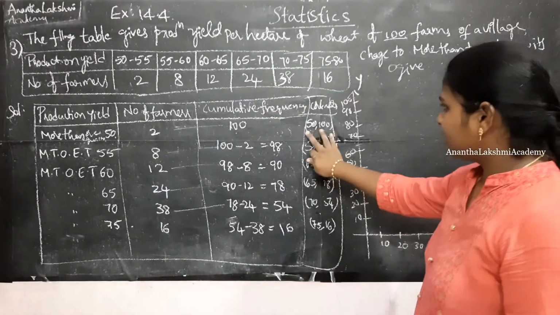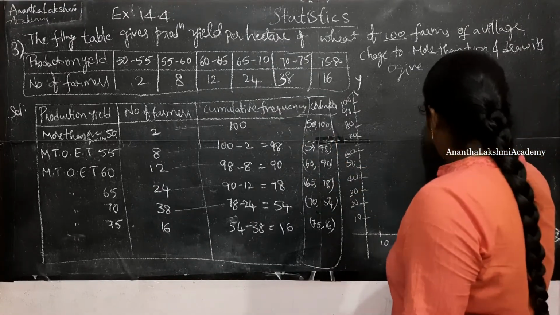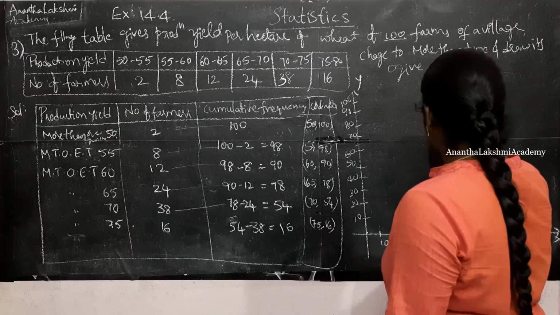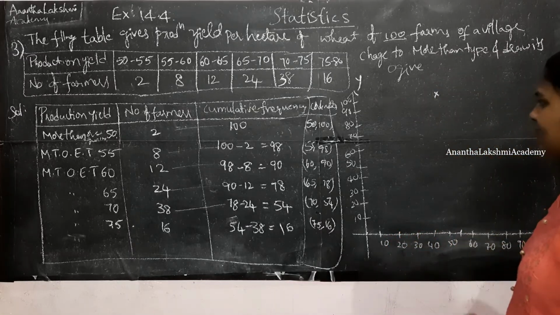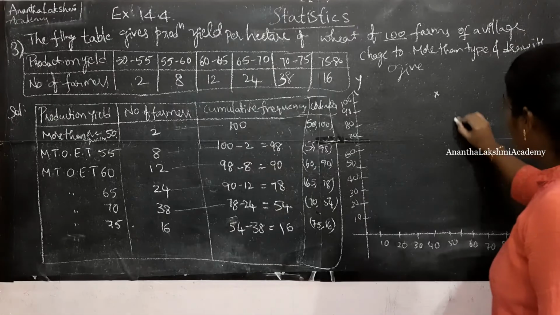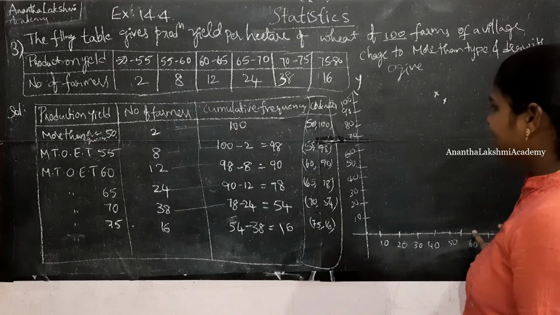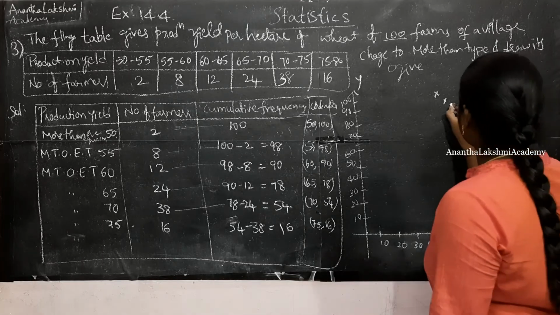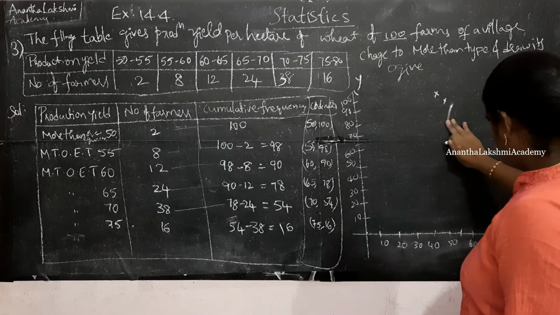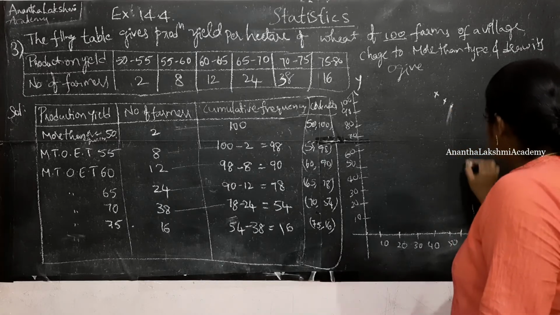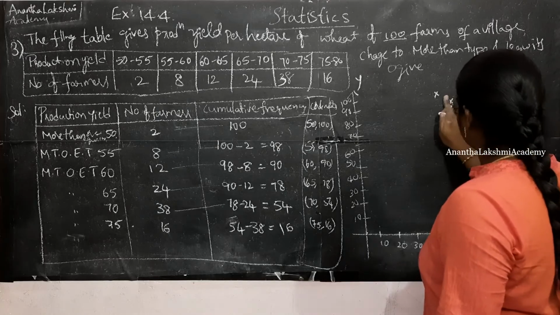Now, what are the coordinates? 50, 100. For 50 on the x-axis, we have 100 on the y-axis. So, this is going to be here. Next, for 55 on the x-axis, we have a value of 98. And for 60 on the x-axis, we have a value of 90. For 60, this is here. For 55, this is here.